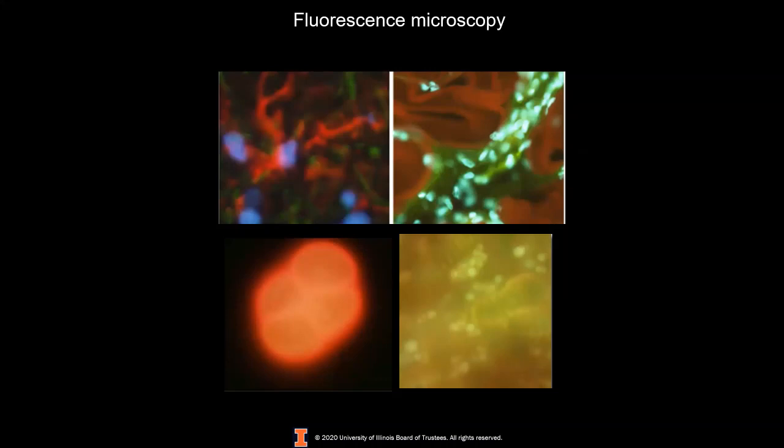The one intrinsic problem of using fluorescence as a contrast is that the fluorescence from parts of the sample that are out of focus will contribute to the final image as a diffuse background.